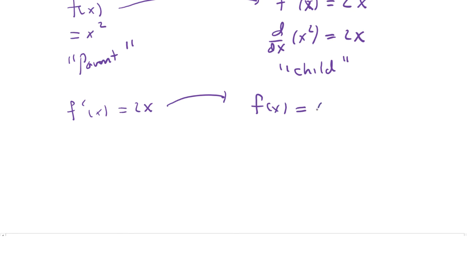For example, x squared plus 1, x squared plus 2, and so on. It is clear that each derivative function will have an infinite family of parent functions, all differing by a constant c. Thus, if f prime of x is 2x, we will write f of x equals x squared plus c to represent the family of parent functions of the function f prime of x equals 2x.